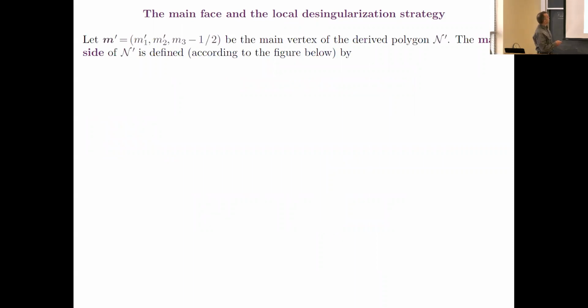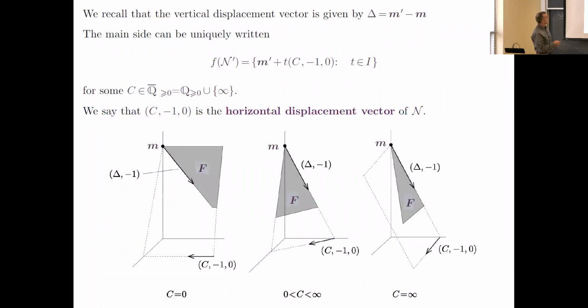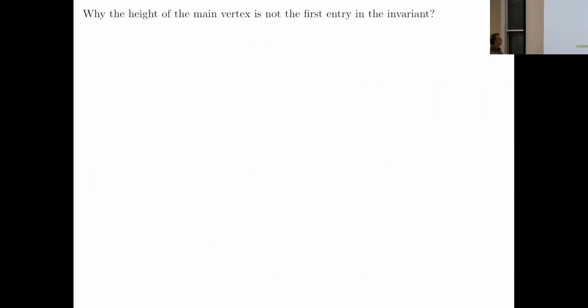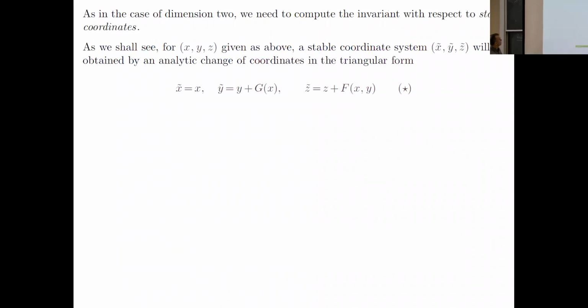So the strategy consists in blowing up with the face which is determined from the main vertex and from the main vertex of the derived polygon. Recall that it's a polygon that we obtained when we cut the polyhedron at some height, which is the height of m minus 1/2. I'm going to skip this.